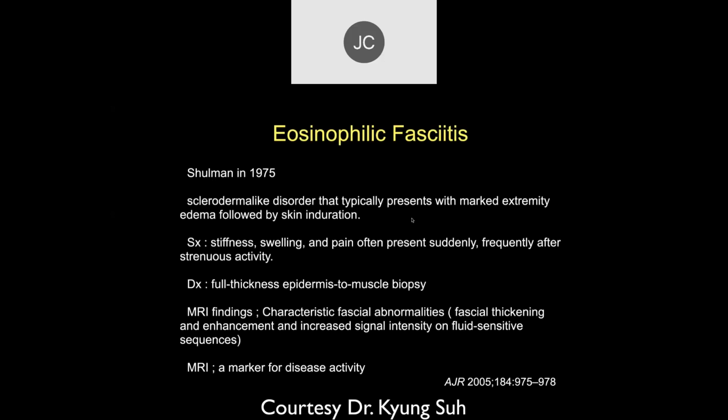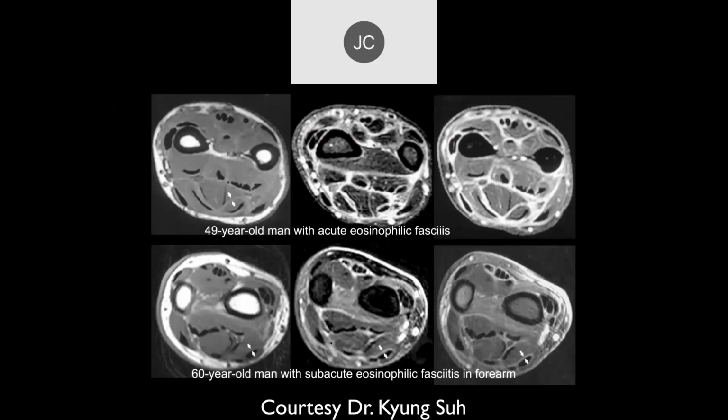So it's a scleroderma-like disorder with extremity induration and skin induration. As you can see here, often the diagnosis is made by biopsy, and it shows a lot of eosinophilic infiltrate where there really shouldn't be, which is an indication of an immunologic allergic type reaction.